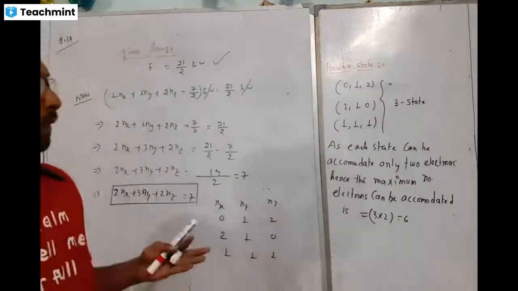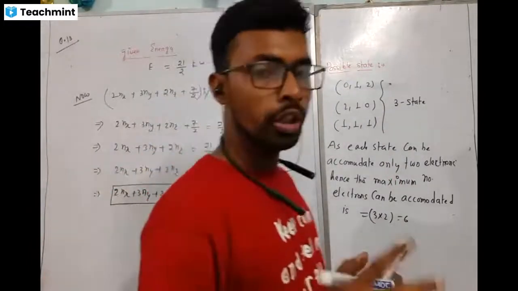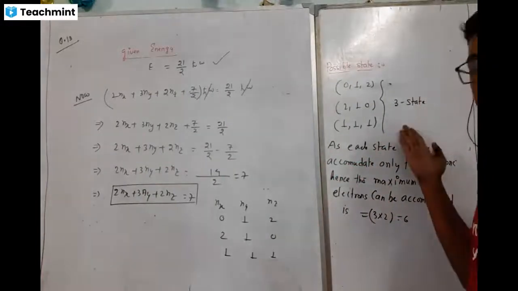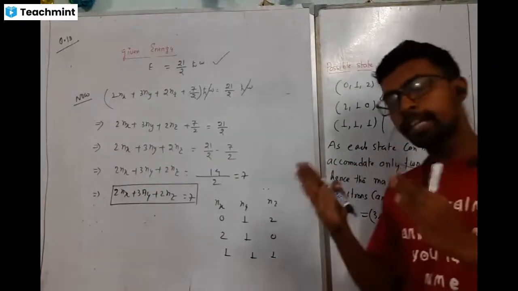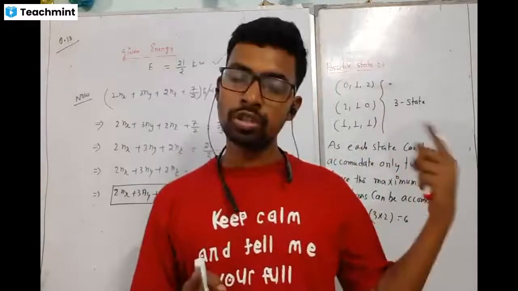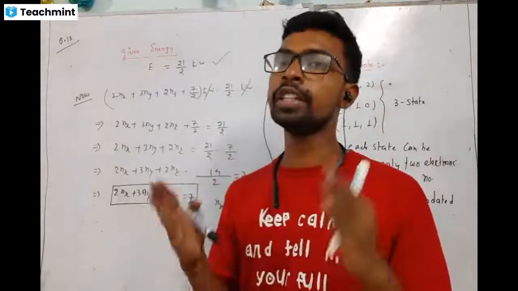Each state accommodates only 2 electrons. That's why we get only 3 states. So each state accommodates 2 electrons. Given 3 states, we get the maximum number of electrons is 6.